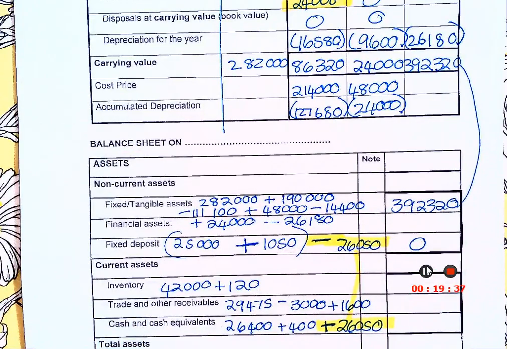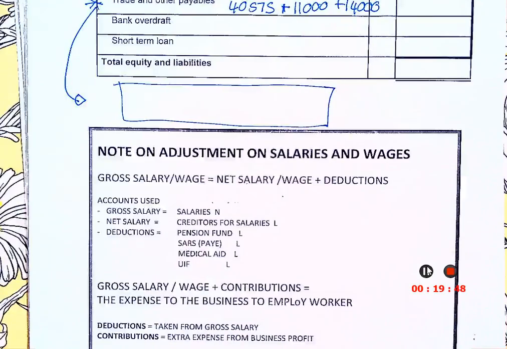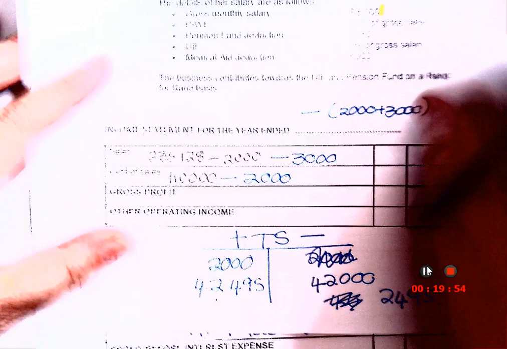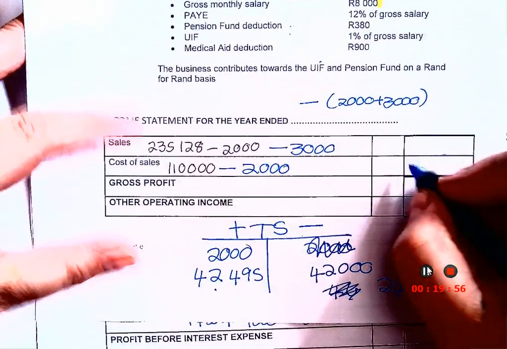So fixed deposit is done, everything is done up to date. Before I start with salary and wages, let me quickly see what we can finish. I can finish my sales. How much is the sales?